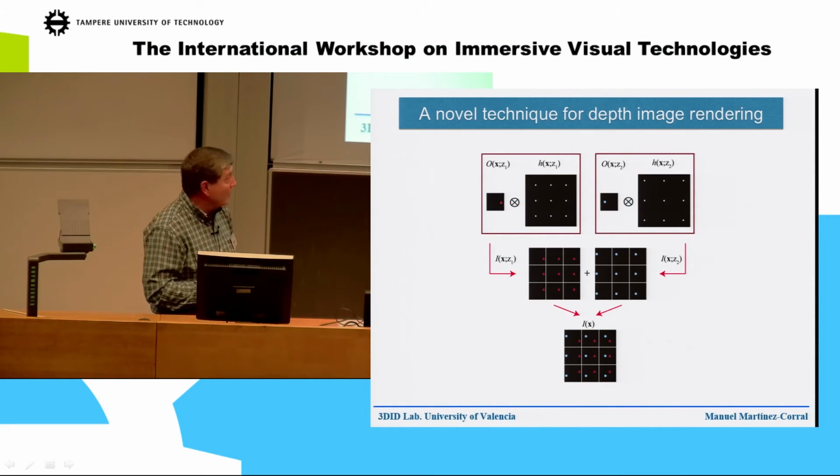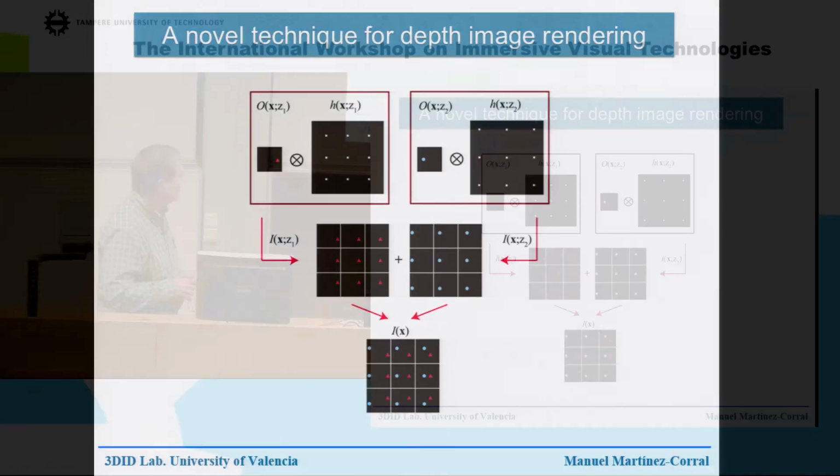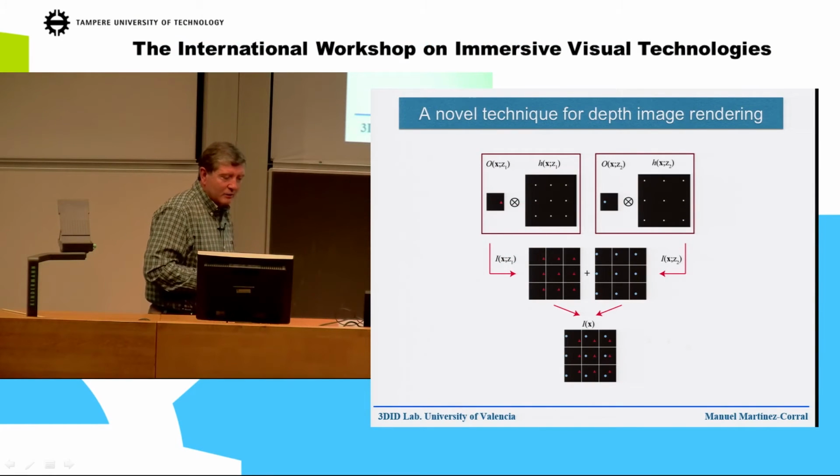If we have an object, the red one, at a given distance from our collection of cameras, then we find that this object provides copies of itself at different distances. So we can define a point spread function associated to any depth distance.